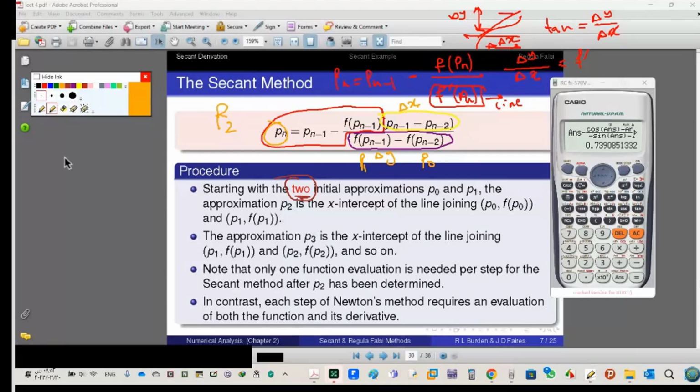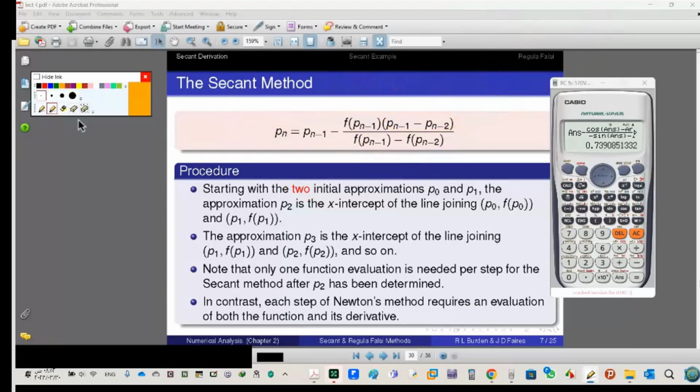Okay, how can we use this one again? Let's write the formula again.